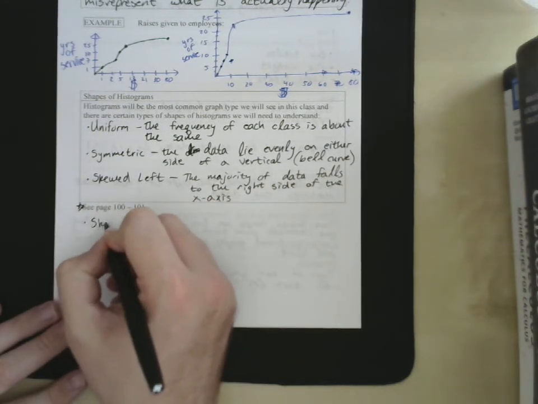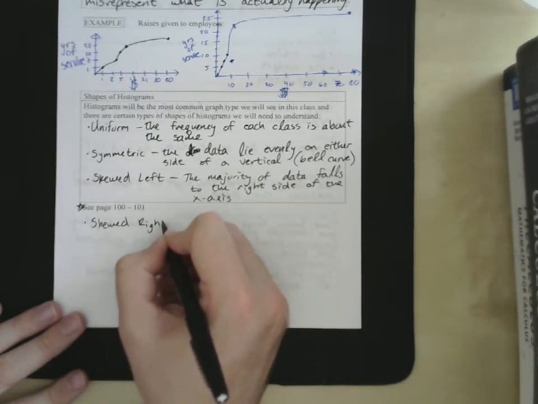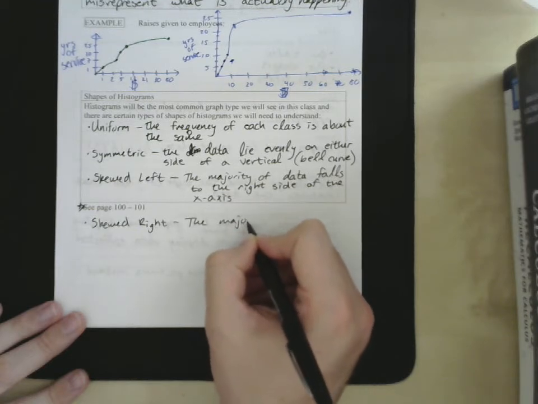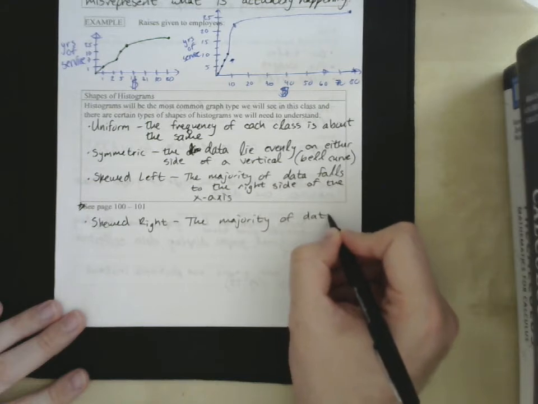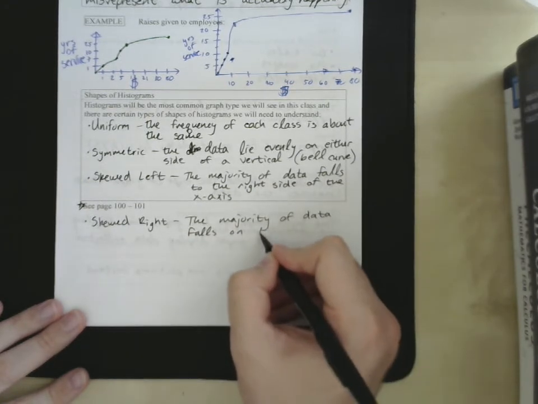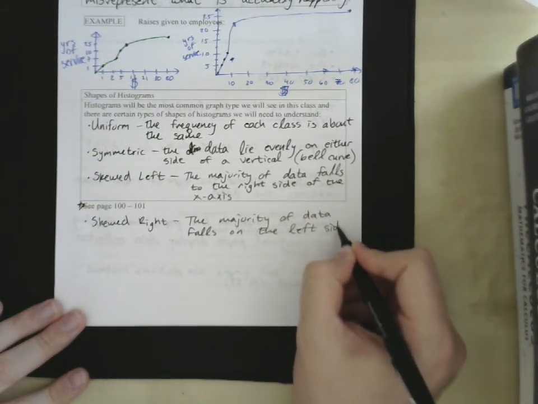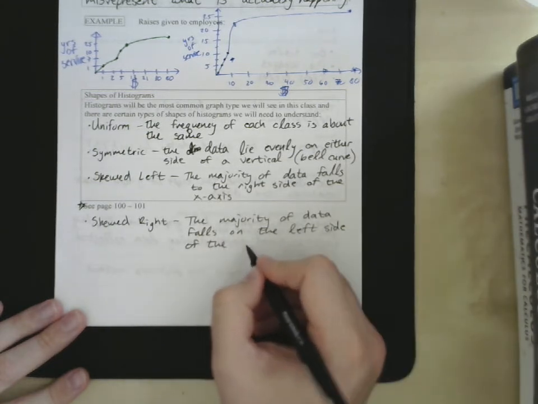And then there's skewed right, which means the majority of data falls on the left side of the x-axis.